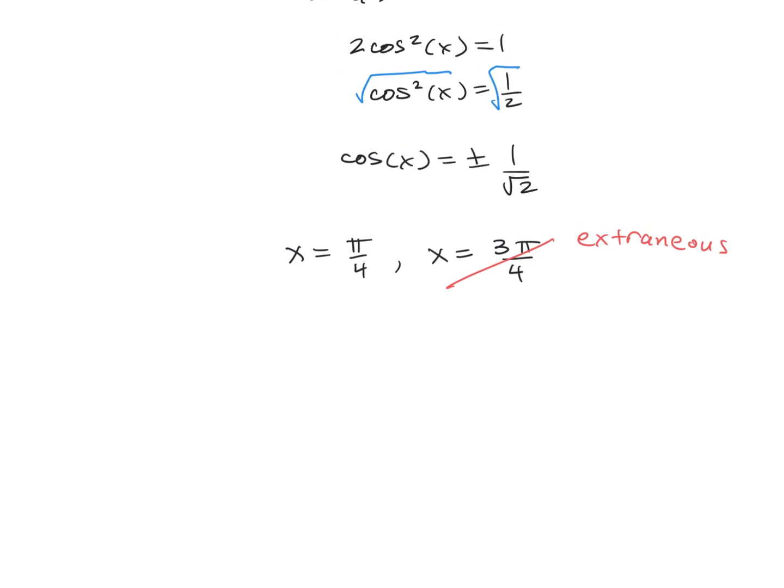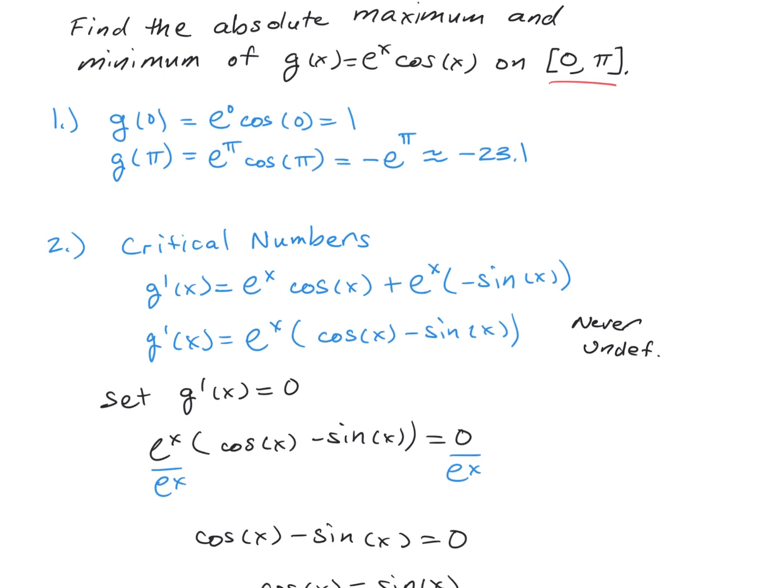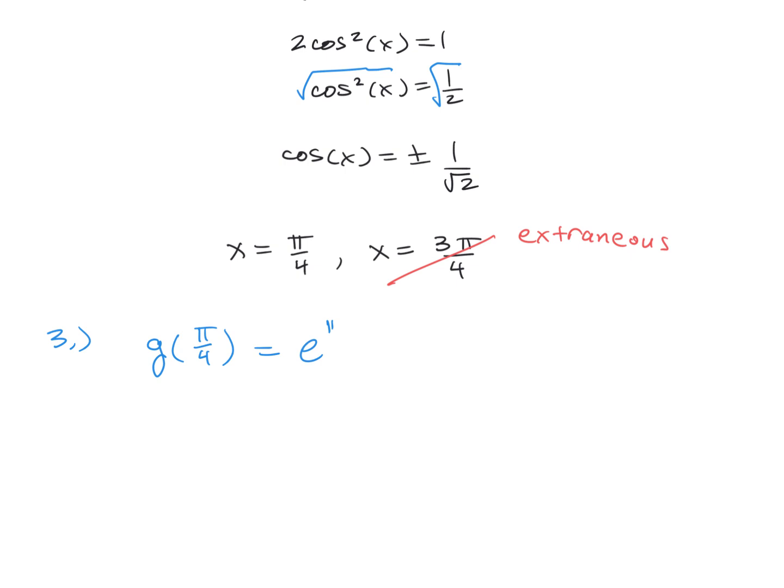In step 3, we know is to go through and evaluate the original function, which was called g in this case, at that critical number that we found. So g of pi over 4, remember going back in time, that is e to the pi over 4 times the cosine of pi over 4. And the best we can do for that is going to be just e to the pi over 4 divided by the square root of 2.